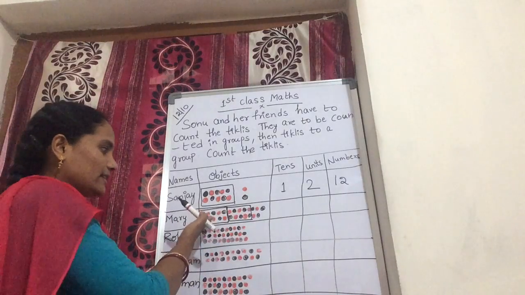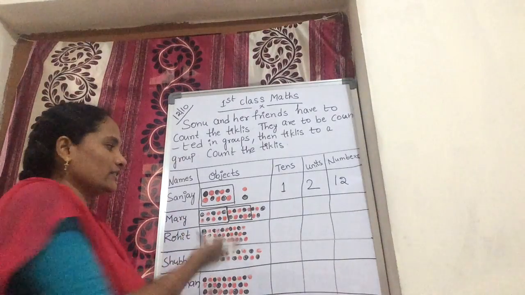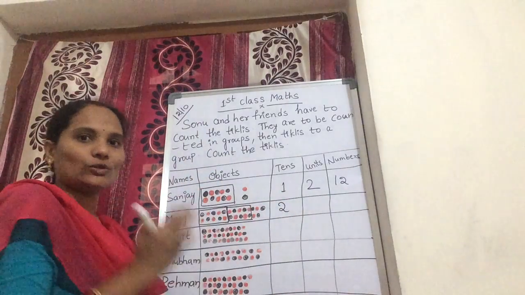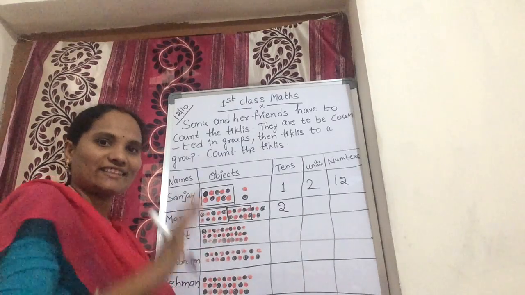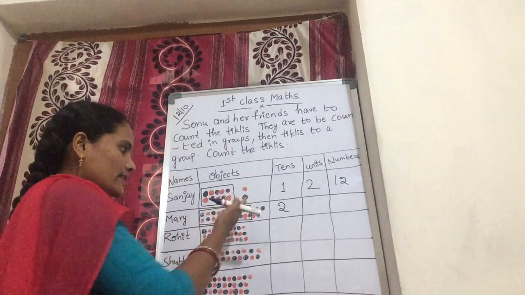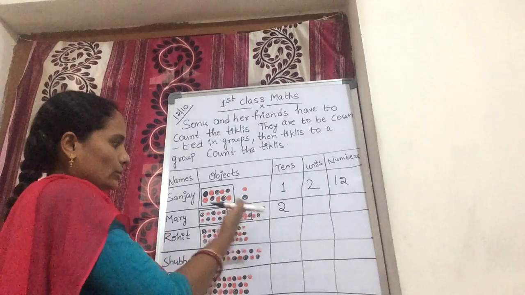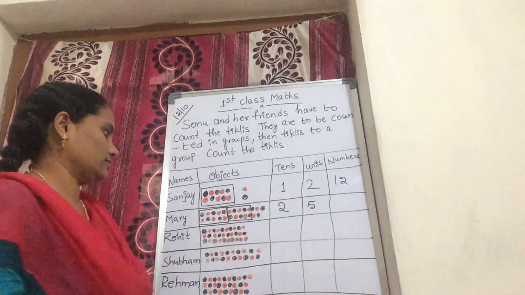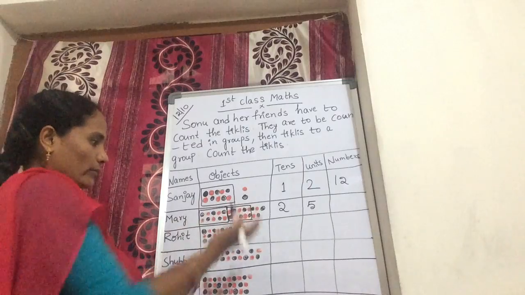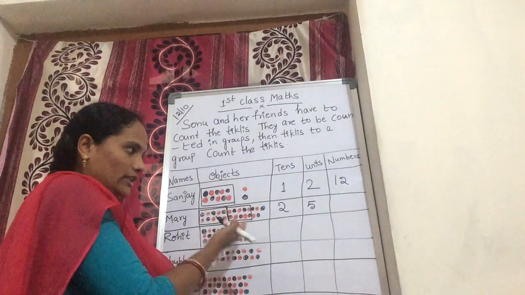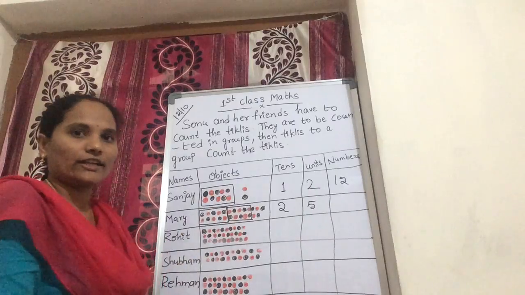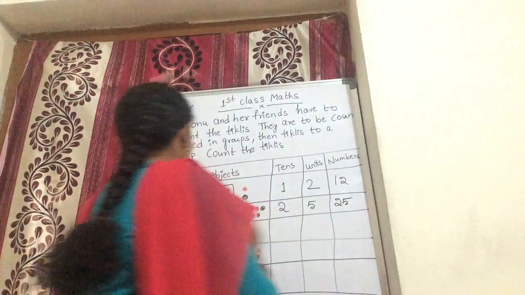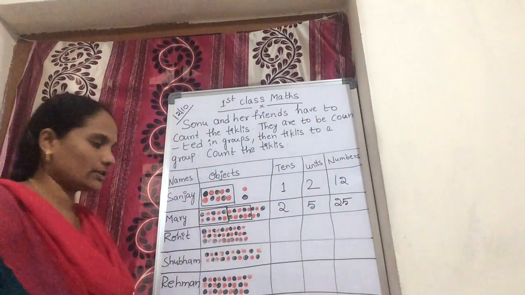Now tell me children, how many tens groups are there? 1, 2. 2 groups are tens, which means 10 plus 10, total 20 ticklies. Here some singles are there, those are units. 1, 2, 3, 4, 5. 5 units are there. Total how many, amma? 10 plus 10 is 20. 20 plus 5 is 25. Mary has 25 ticklies. Okay.